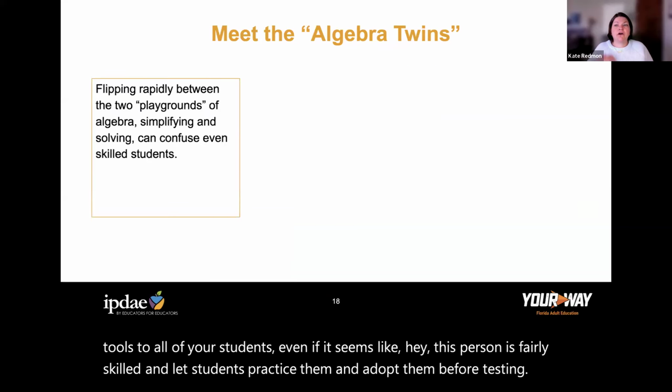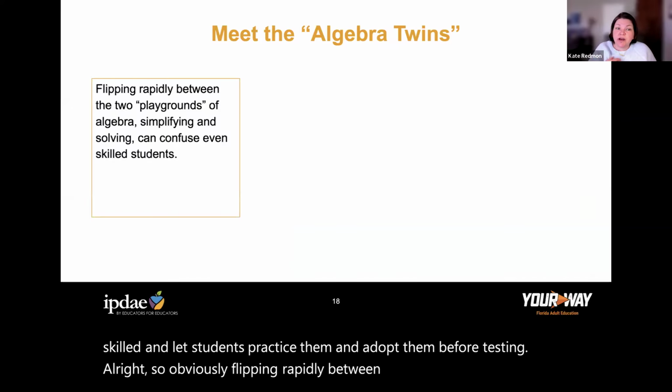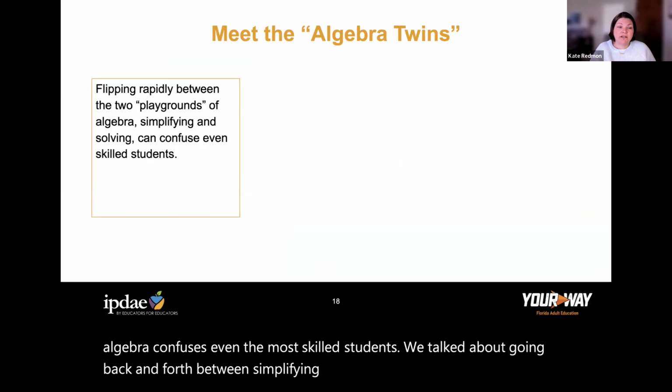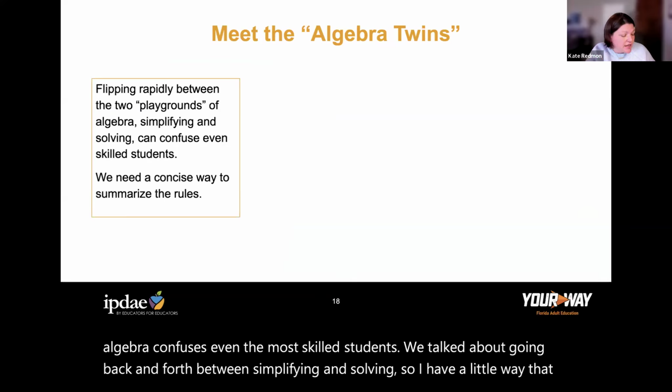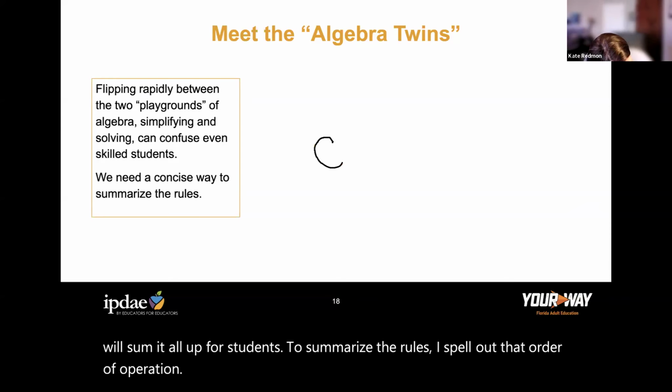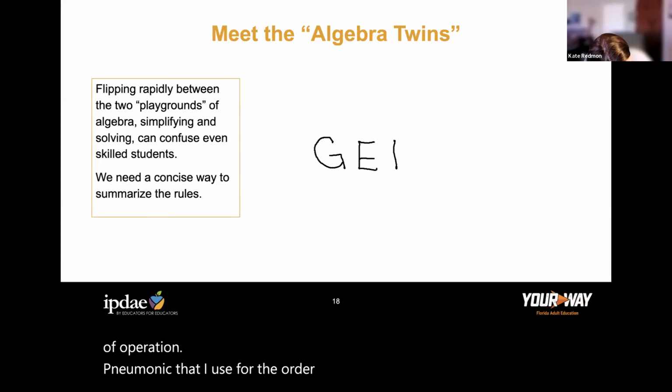All right. So obviously, flipping rapidly between those two playgrounds of algebra confuses even the most skilled students. We talked about going back and forth between simplifying and solving. So I have a little way that I will sum it all up for students to summarize the rules. I spell out the mnemonic that I use for the order of operations, which is GEMMA.